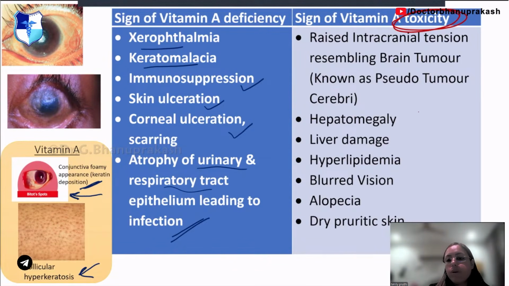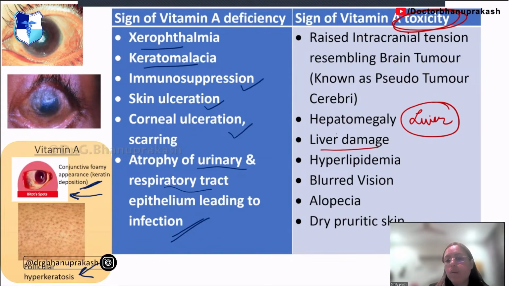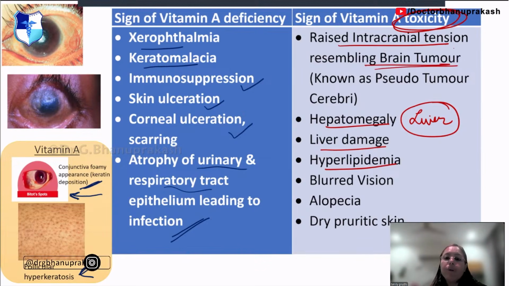Vitamin A gets accumulated in the liver. Excess vitamin A in the liver will damage the liver, will enlarge the liver, will affect the metabolism of the liver. So hepatomegaly, liver damage, hyperlipidemia, and also raised intracranial tension, which gives so much headache and such raised intracranial tension that it resembles a brain tumor, known as pseudotumor cerebri.